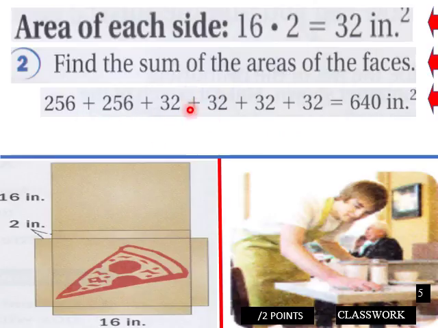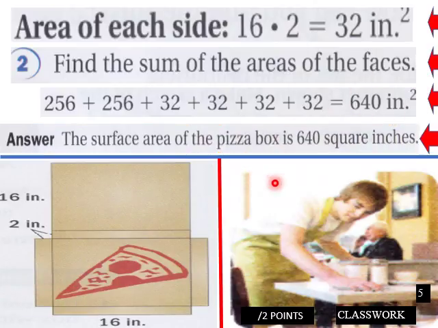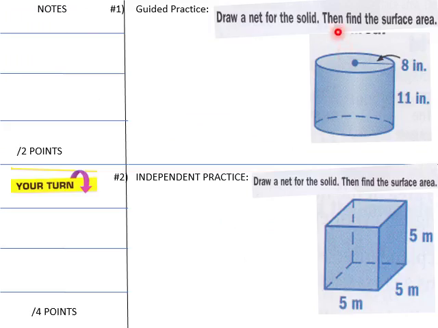We have 4 sides here. We got 1, 2, 3, 4, plus the 256 here. And we come up with this, 640 square inches. So the surface area of this box is 640 square inches.